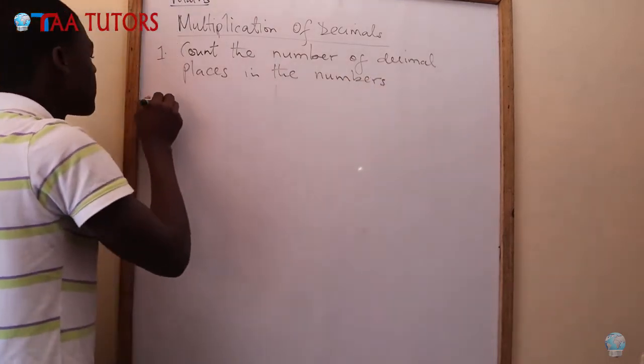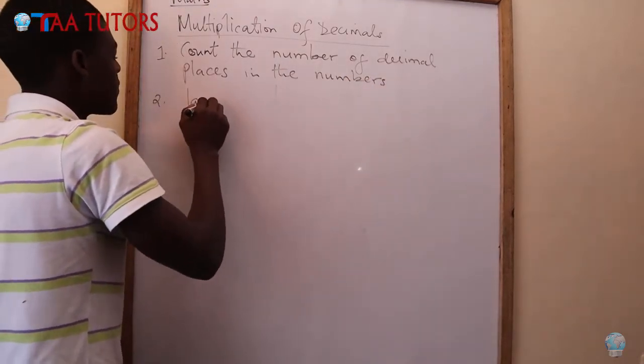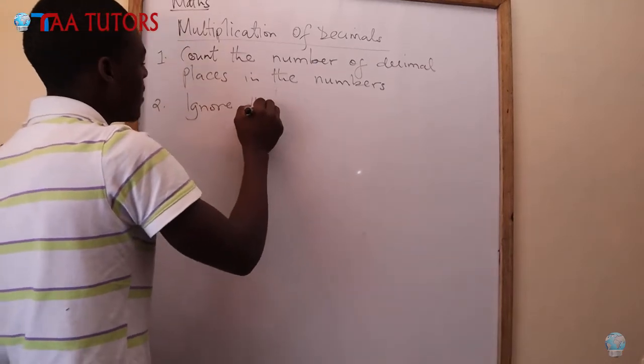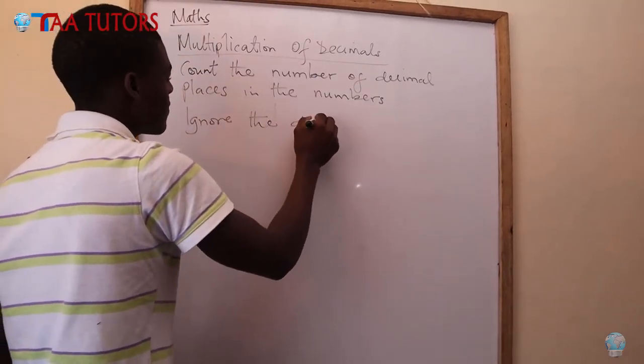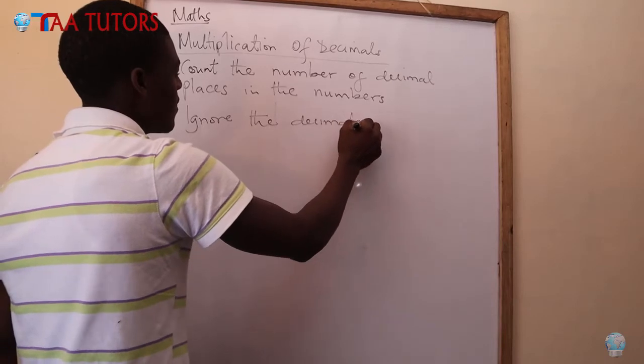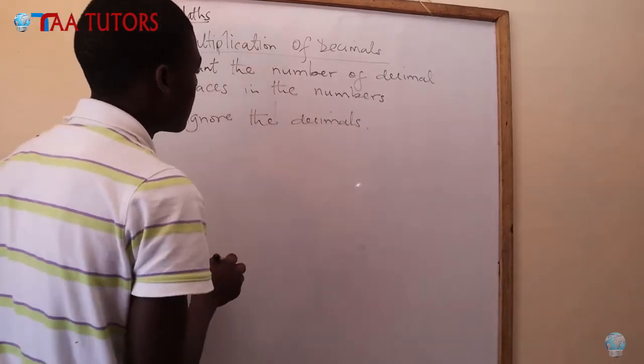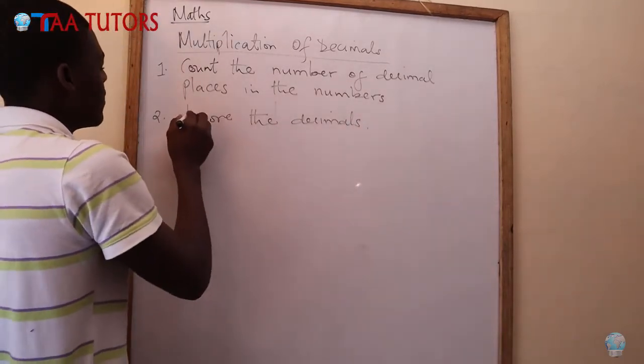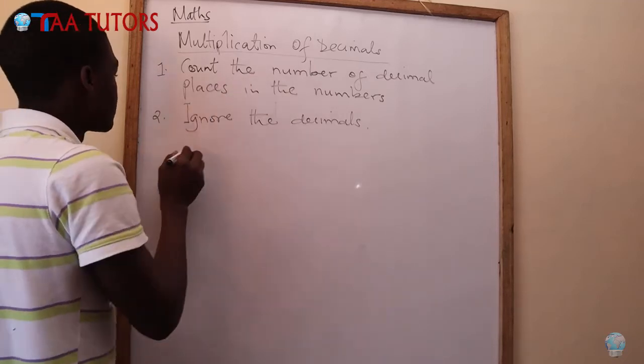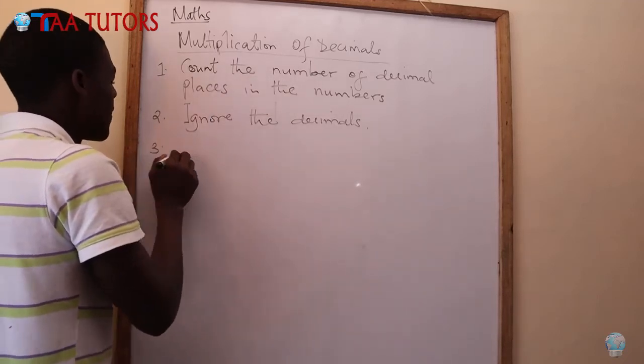Then number two, we ignore the decimals. After counting the decimals, we ignore them so that we insert them in our answers.